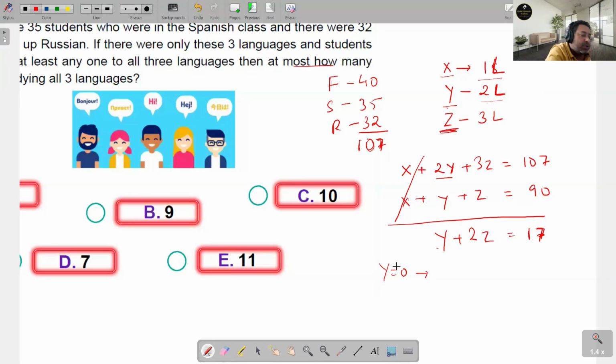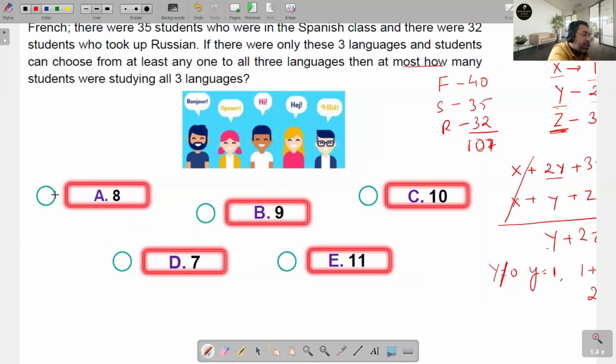So Y cannot be equal to 0. Therefore, the minimum value of Y you can take is Y is equal to 1. Then 1 plus 2Z is equal to 17, so 2Z is 16, and therefore Z will be equal to 8. So the correct answer for this question is option A, 8. There will be 8 students who can learn all three languages.